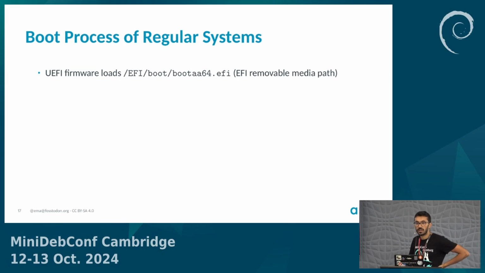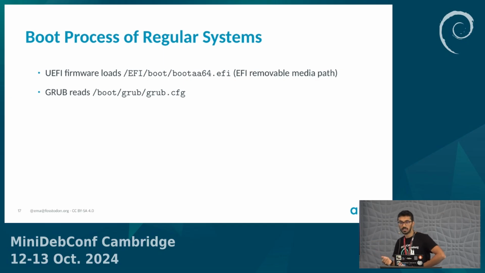Quick recap of how regular system boots work, so not necessarily a live system, just in general, a modern machine, a machine with a UEFI firmware. There's an EFI removable media path, which is used by default, or in case you don't have any NVRAM variable set with bootloaders. And it's a well-known path. This is the path for ARM systems. It's very similar for x86. And that's an EFI application, probably Grub or something like this.